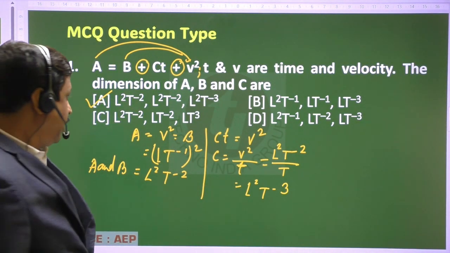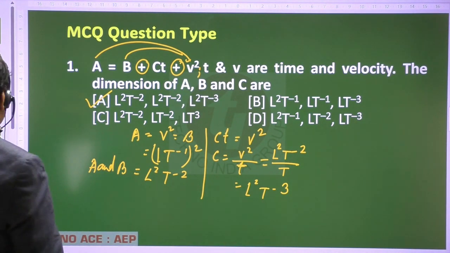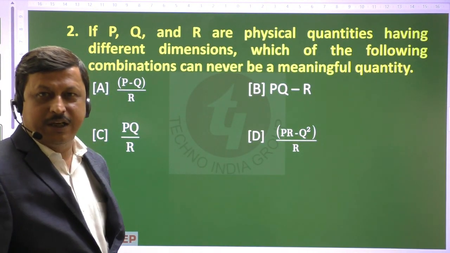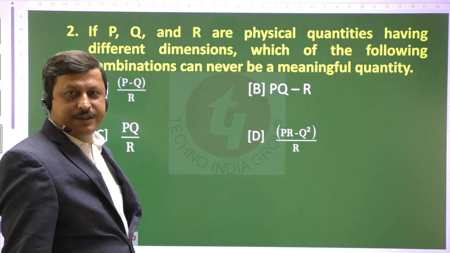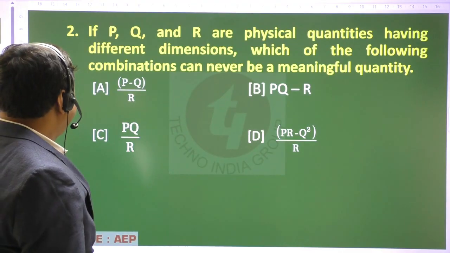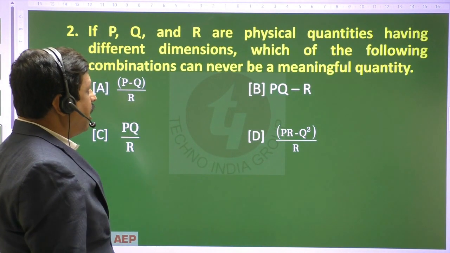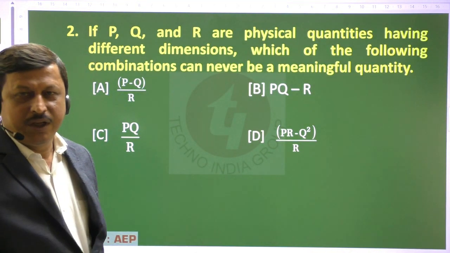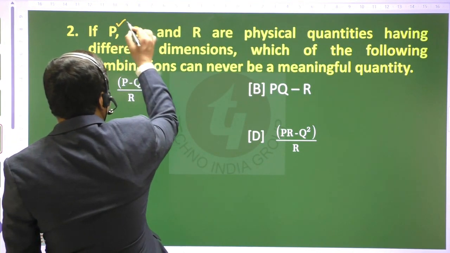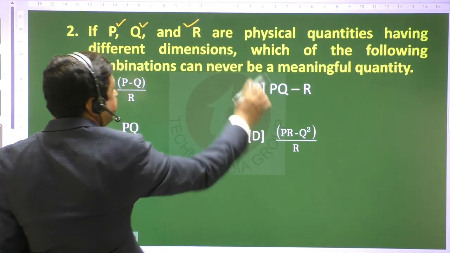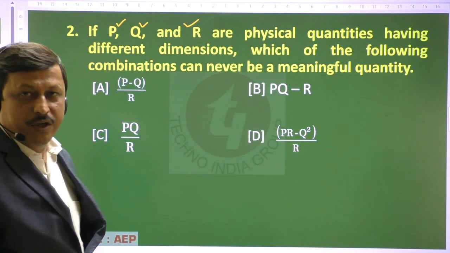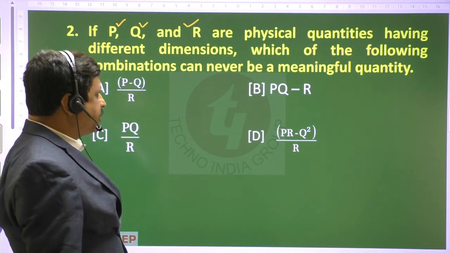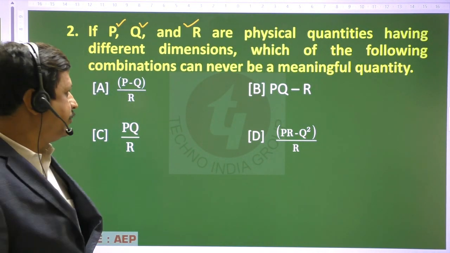Next one. This is basically a question from a previous year JEE paper. If P, Q and R are physical quantities having different dimensions, which of the following combinations can never be a meaningful quantity?